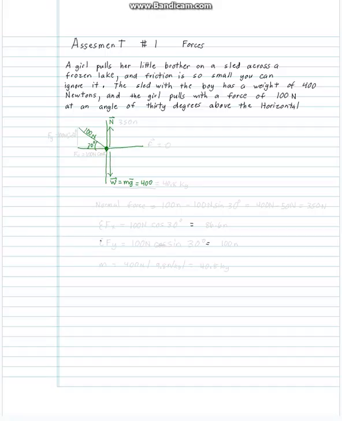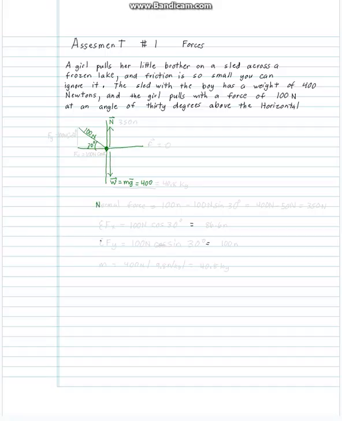Now, to calculate the normal force of the ice on the sled, we must subtract the vertical component of the force that the girl exerts on the sled and the boy from the weight of the sled and the boy. This calculation can be done like this.